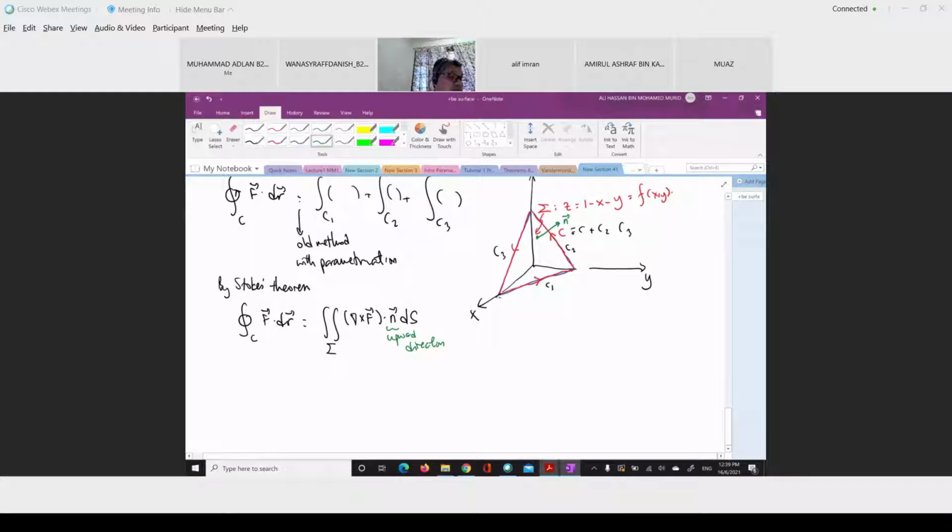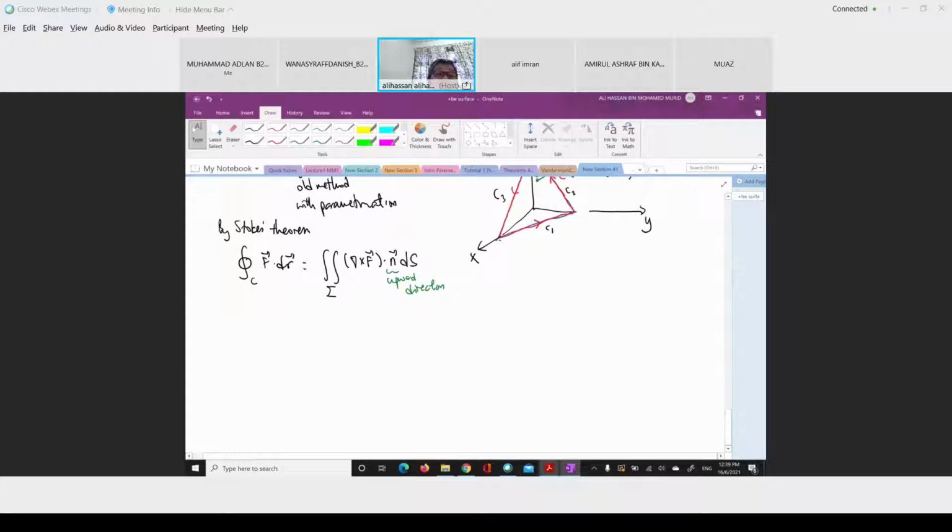Before we can evaluate the surface integral, we need to first calculate the curl. Remember how to evaluate the curl of a vector field? We can use the 3 by 3 determinant.